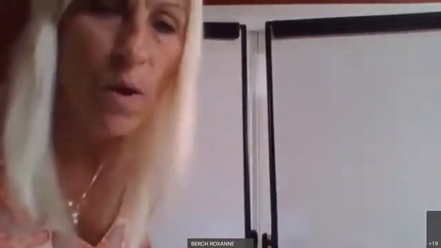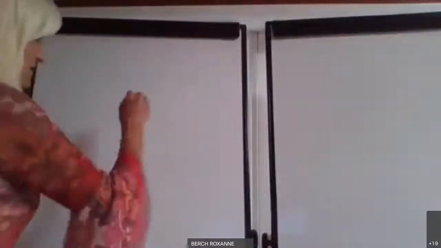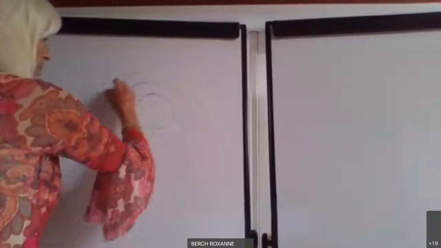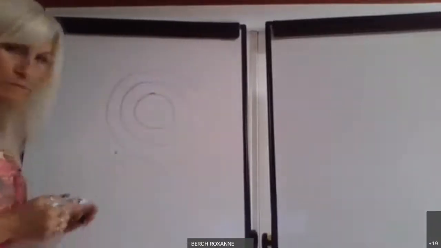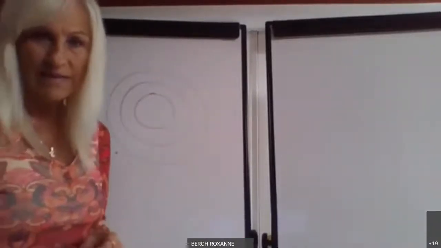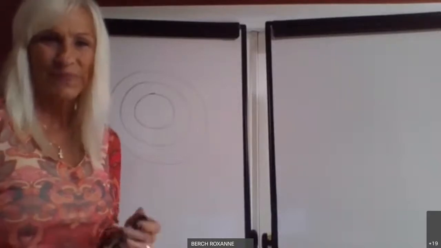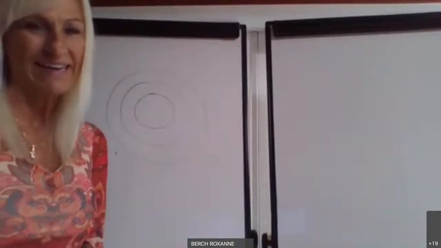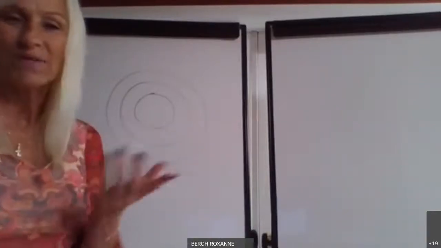Did anyone in this class draw concentric circles? Did anyone draw the circles like this? Did anyone do that? No? Well, this would have been the easiest way to see what's going on. But that's okay if you didn't.